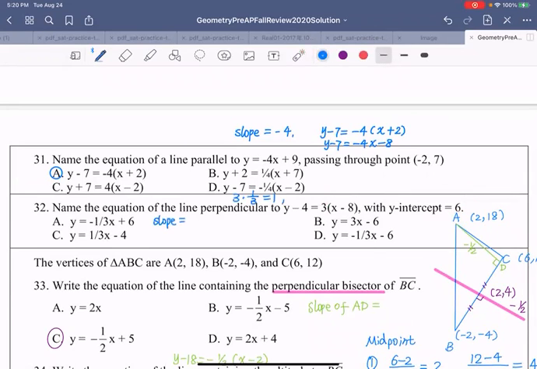Yes. So 3 times -1/3 is -1. Make sense? Yes. So you know the slope is -1/3, okay? Make sense?